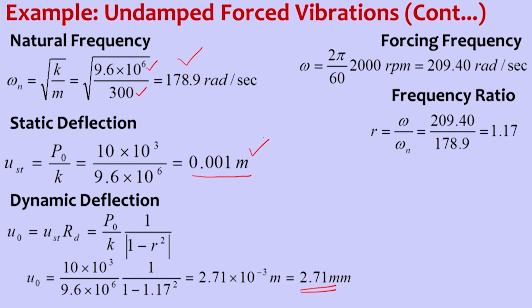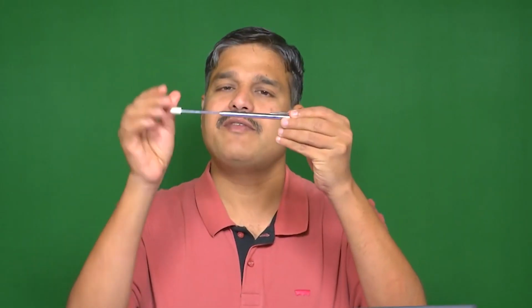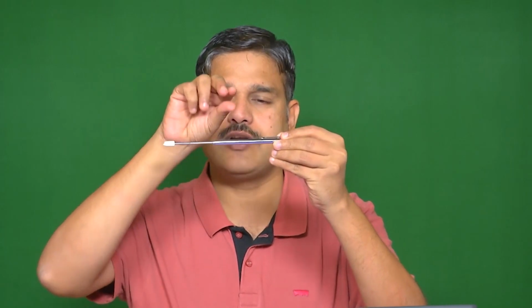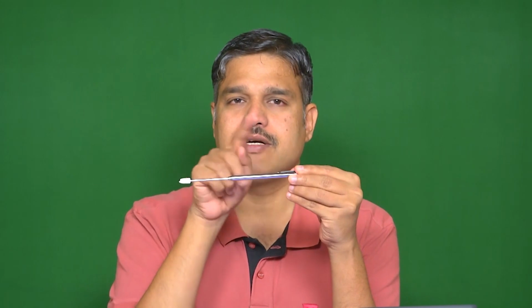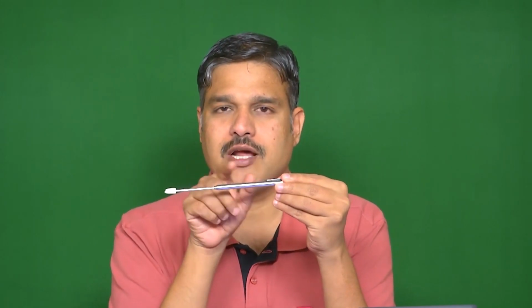So that means because of the running of the motor, the deflection is becoming higher. But here we need to understand one case: when a simply supported beam is there, the motor is kept at the center of the beam and running at the operating speed of 2000 rpm.